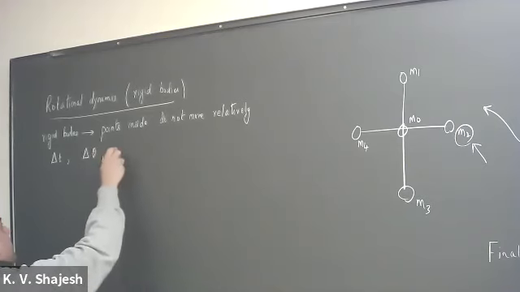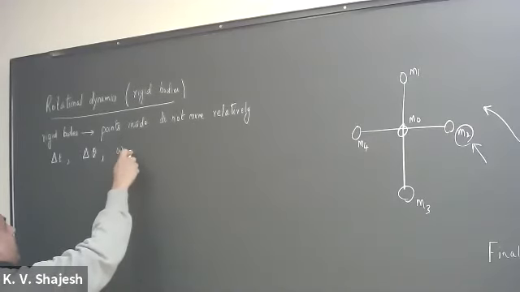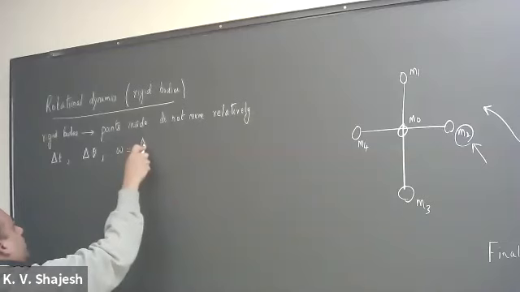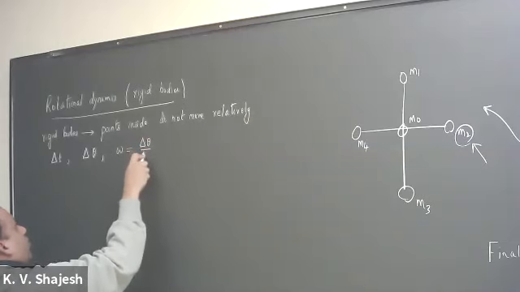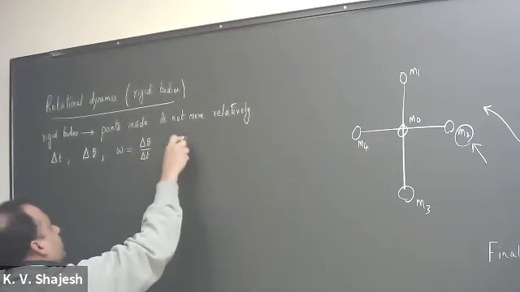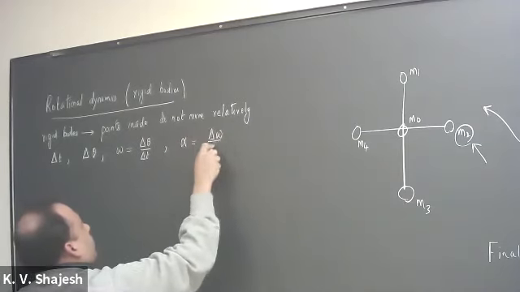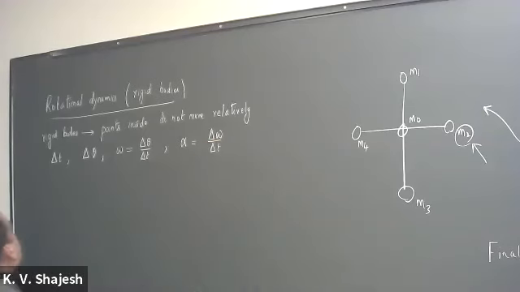displacement. Then we had angular velocity, which was omega, and so that's equal to delta theta over delta t. And we had angular acceleration, delta omega over delta t. So those are the four quantities we introduced.